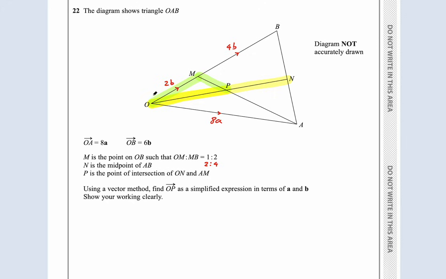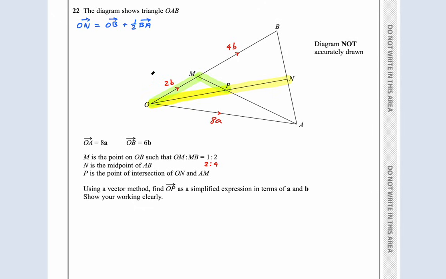Okay, so how do I do that? Well, firstly, let's do this one, straight from O to P. OP will be some fraction of ON, so I'm going to get ON first. ON is equal to OB plus a half BA, because N is the midpoint of BA.